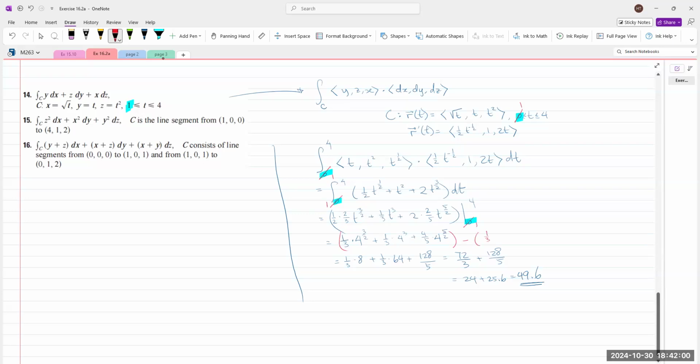Minus 1/3 plus 1/3 plus 4/5. What will that be? So 2/3 plus 4/5 is 10, 12, 22 over 15. Okay, so whatever this is, minus 22 over 15.